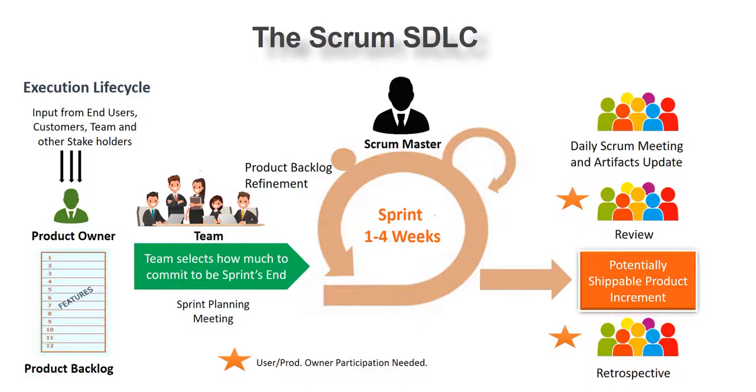So that is what the product backlog is all about. And this is something that the client has to prepare, and the client has to keep it ready. Then we get into the first meeting, which is called the sprint planning meeting.